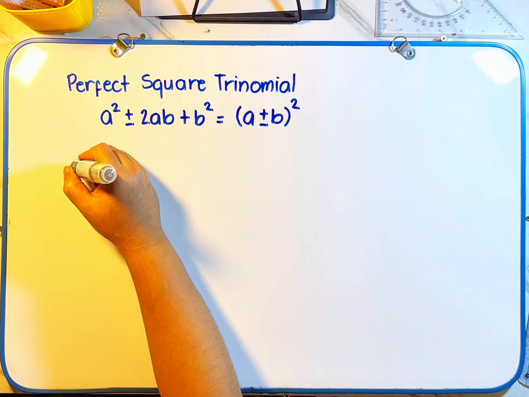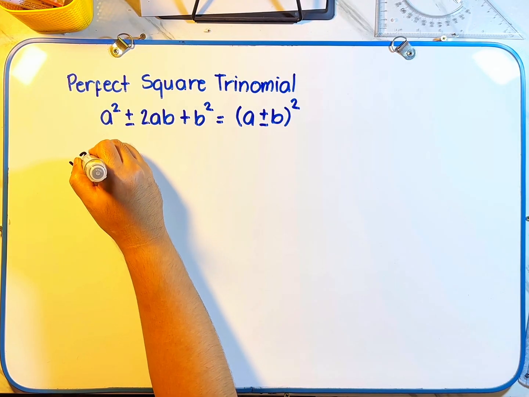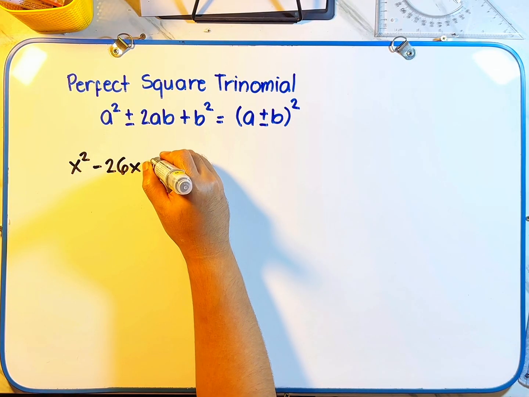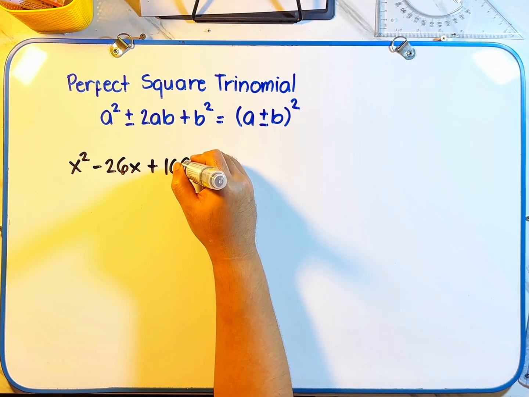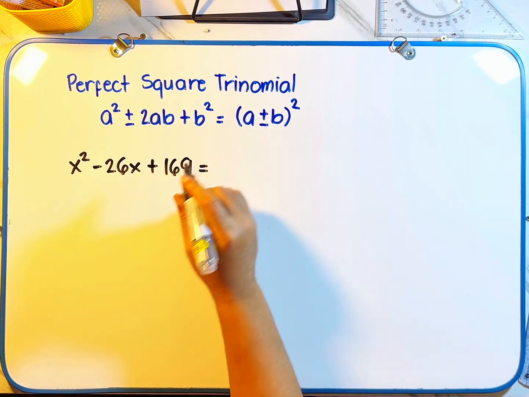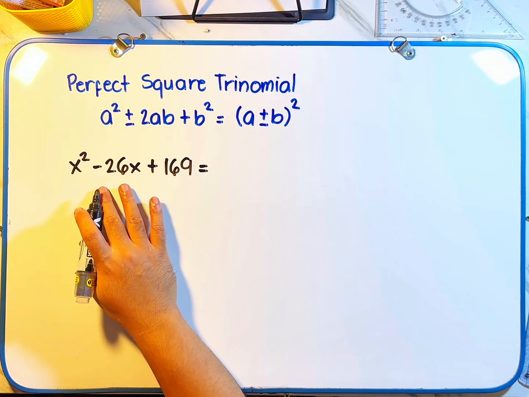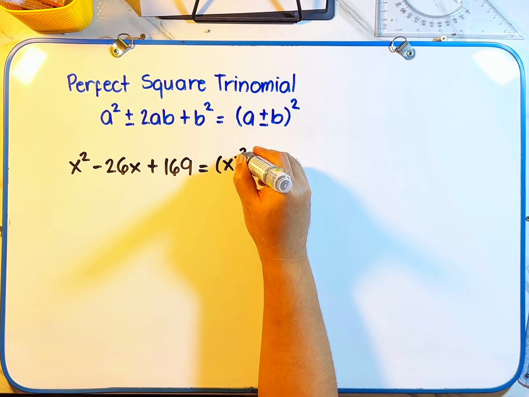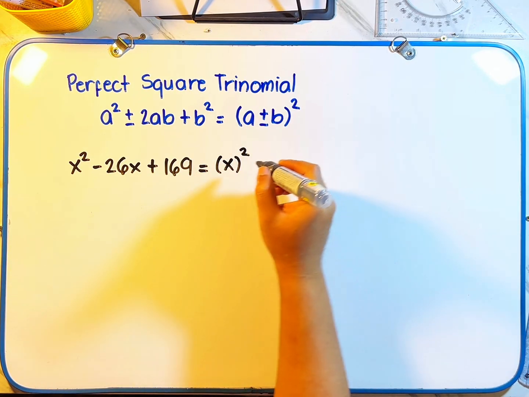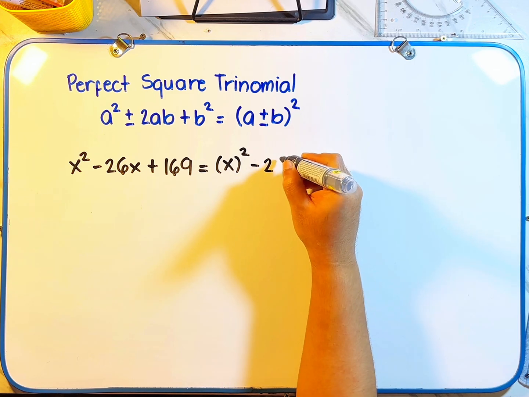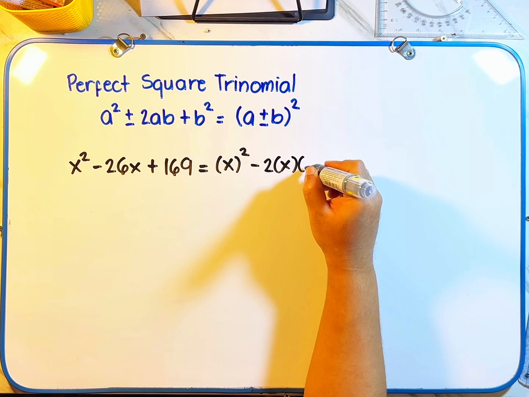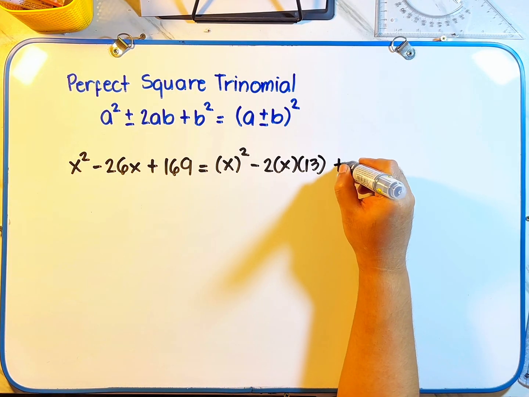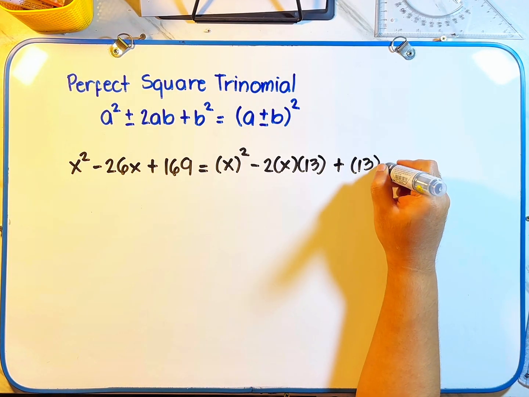Next, say we have x squared minus 26x plus 169. Okay? Let's rewrite this expression like this. So, x squared and then negative 26x is negative 2 times x times 13. Okay? And 169 is simply 13 squared.